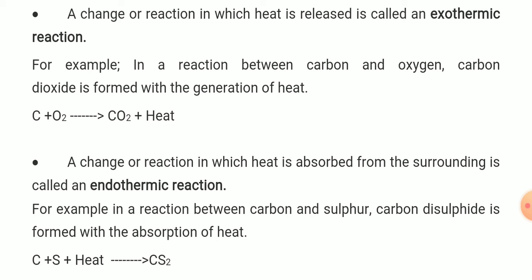For example, the reaction between carbon and sulfur produces carbon disulfide, CS2, which is formed with the absorption of heat. The reaction is C plus S plus heat gives CS2, carbon disulfide. This is an example of an endothermic reaction.